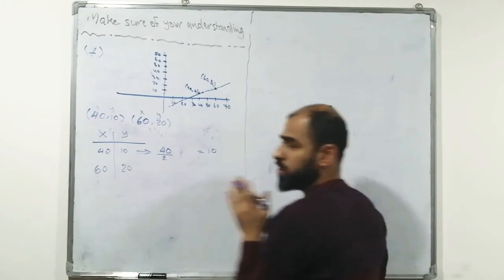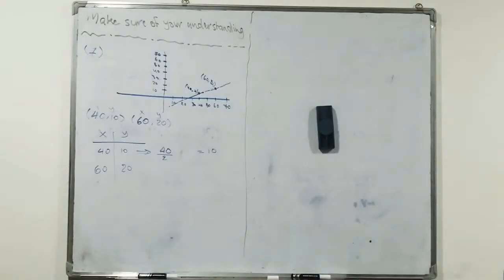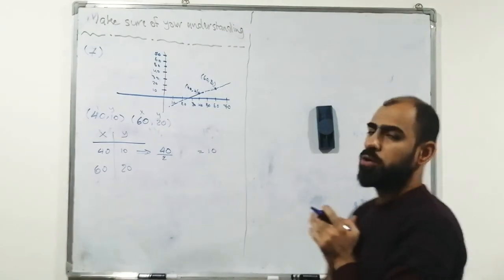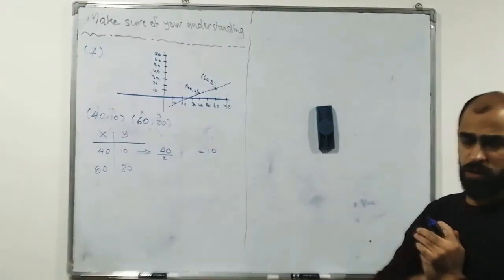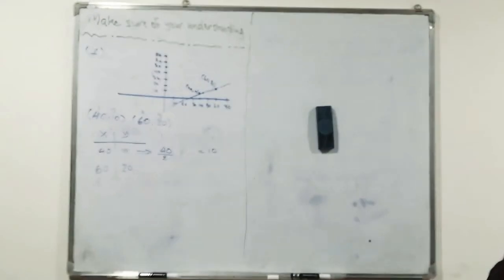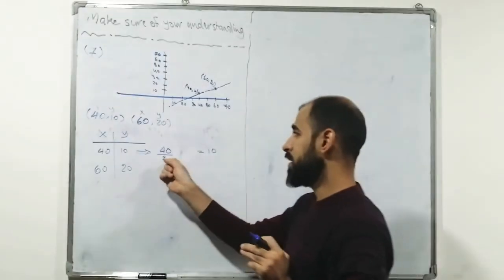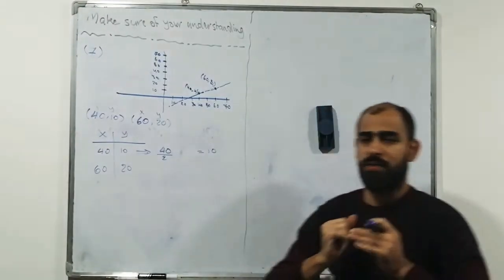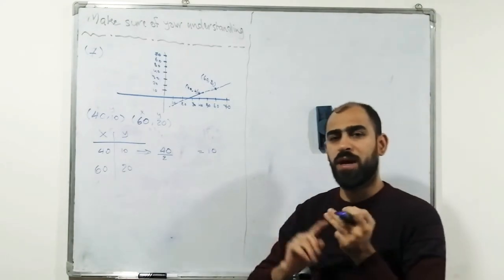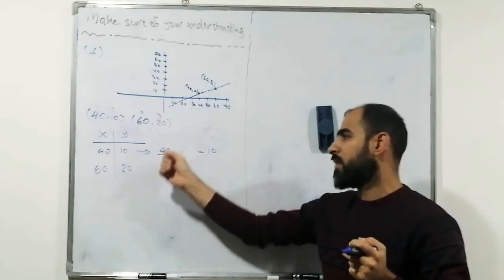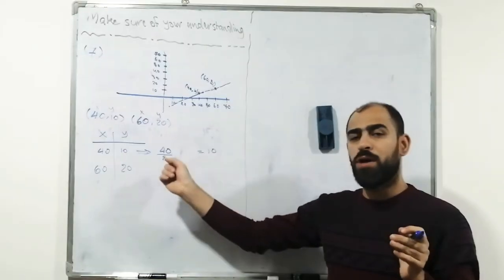Here we cannot use only one operation, division or multiplication or addition or subtraction, to get the function rule.